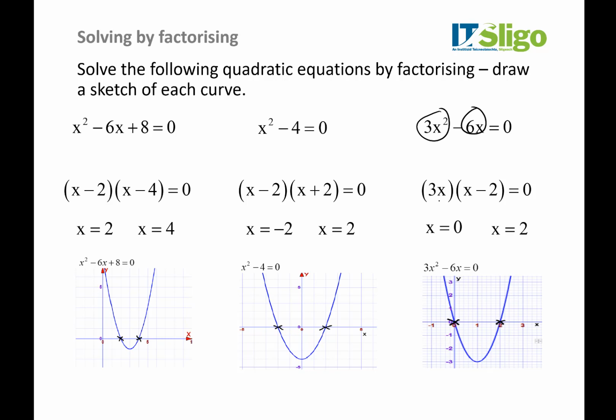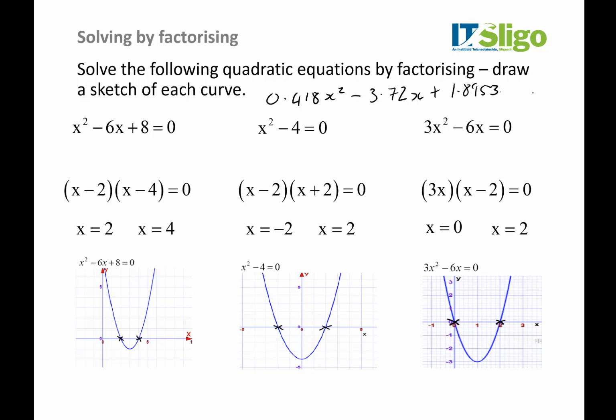The problem, guys, is in the real world of science, we just don't get nice whole numbers in here. It's much more likely going to be 0.418x squared minus 3.72x plus 1.8953.